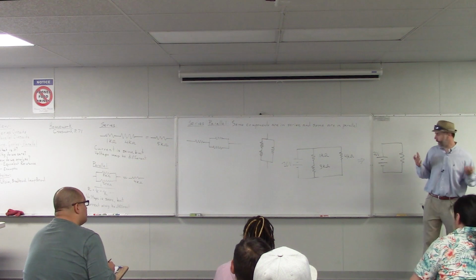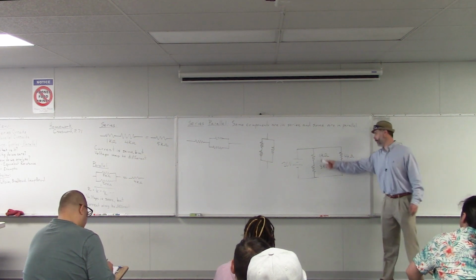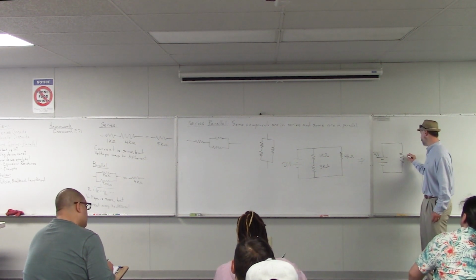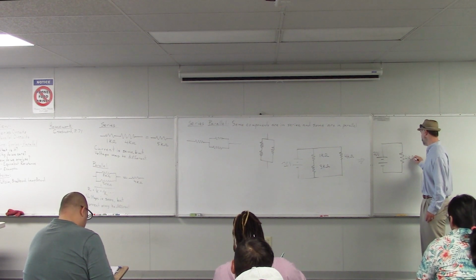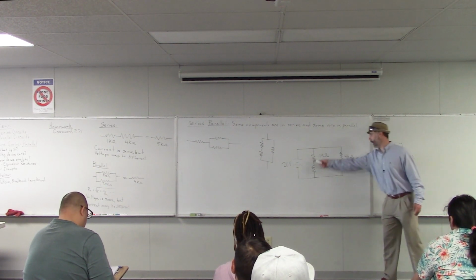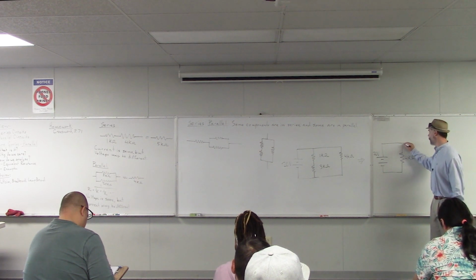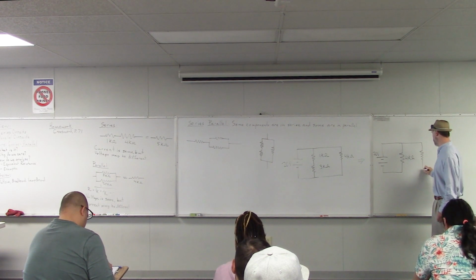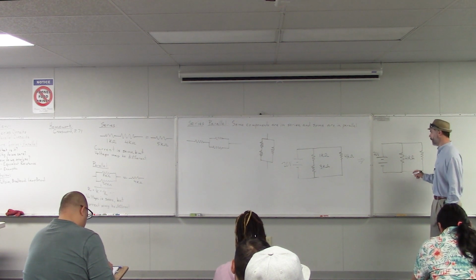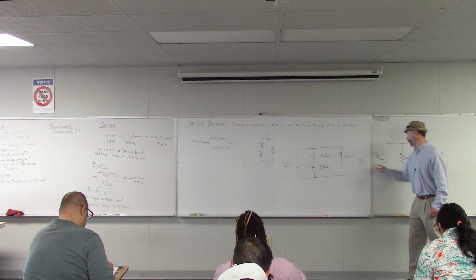Yeah, we just add them up, exactly. So 1 kilo ohm plus 3 kilo ohm, that gives us 4 kilo ohms. Perfect. So that branch of the circuit has a 4 kilo ohm resistance. And now this other branch over here stays the same for now. So that one also has a 4 kilo ohm resistance.